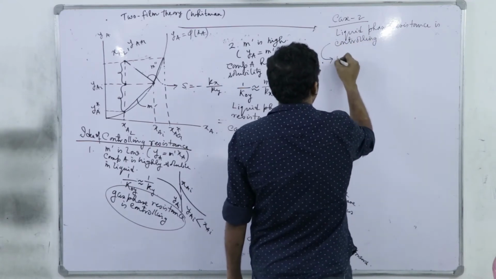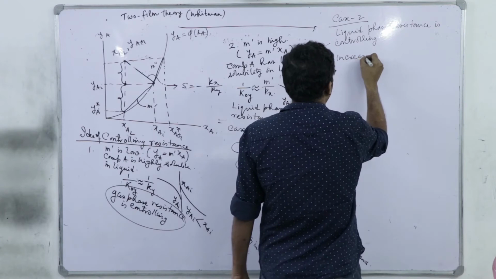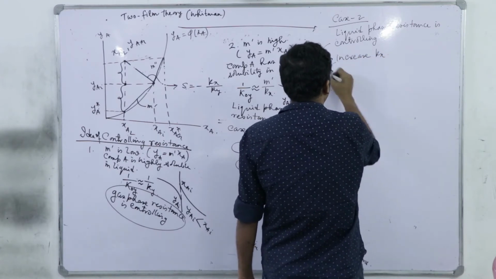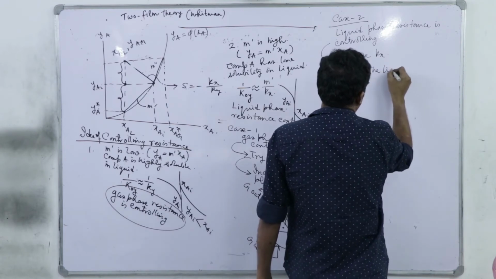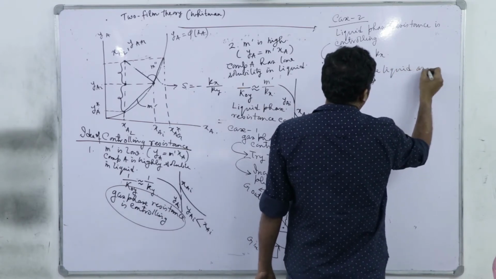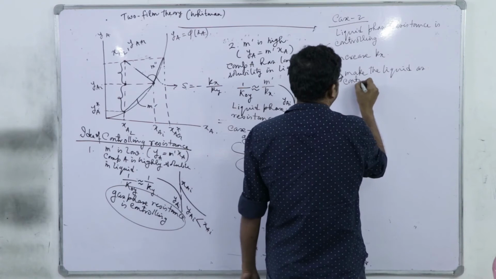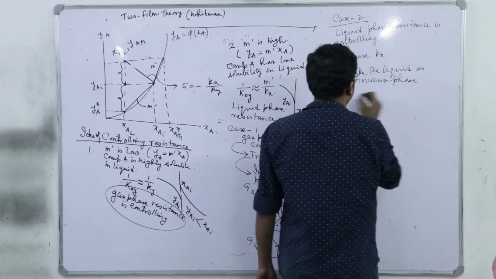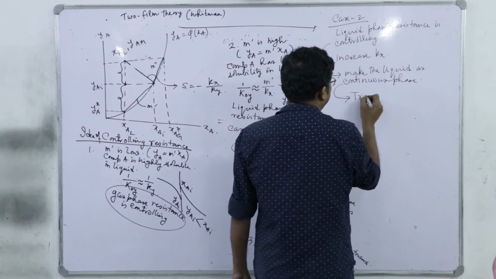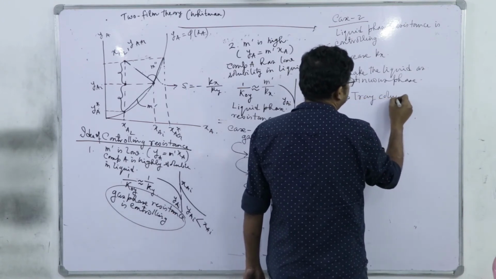So obviously increase Kx, then make the liquid the continuous phase, and the selection will be the tray column.